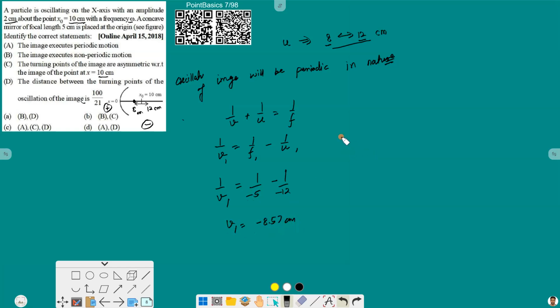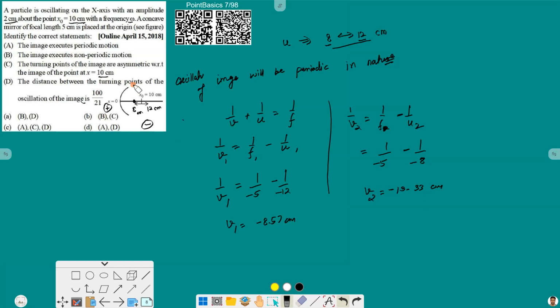Similarly for v2, we can write 1 by v2 is equal to 1 by f minus 1 by u2, f will remain the same. Now this will be negative 1 by 5 minus of minus 1 by 8. When we solve this, we will get v2 is equal to 13.33 with a negative sign.